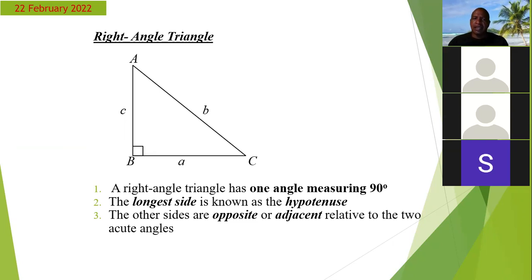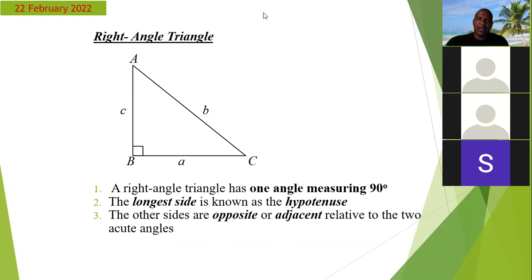Now, as we talked about when we were labeling a triangle, we say that the side which is in front of the opening of the angle would be opposite to the angle. All right.